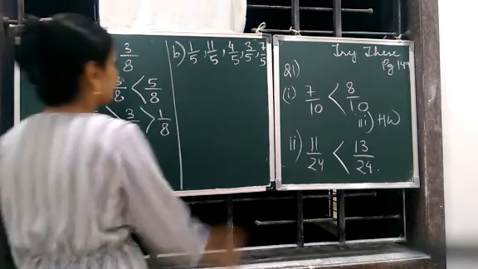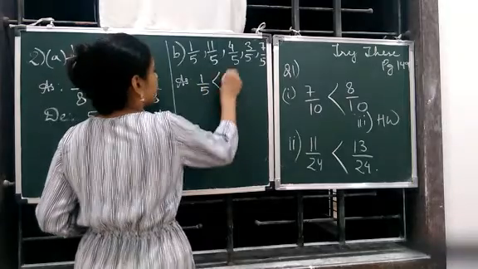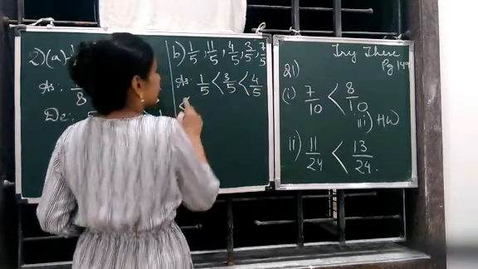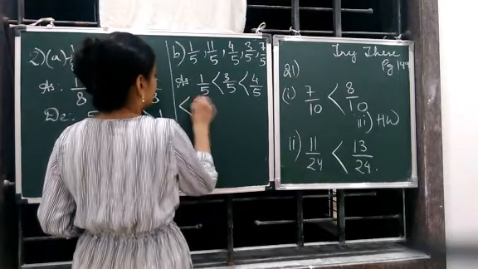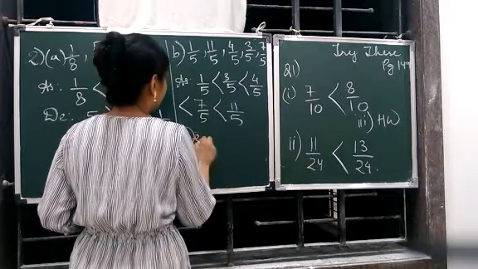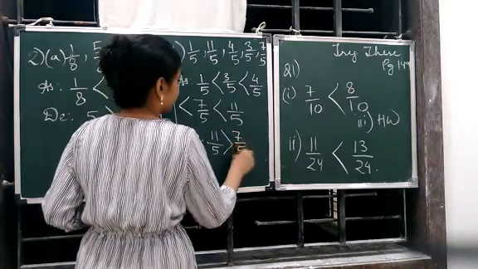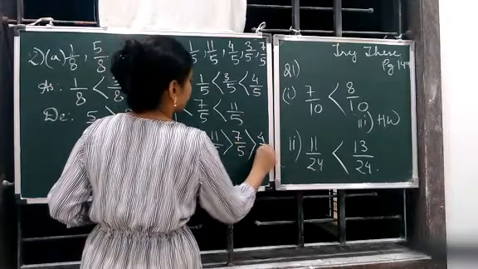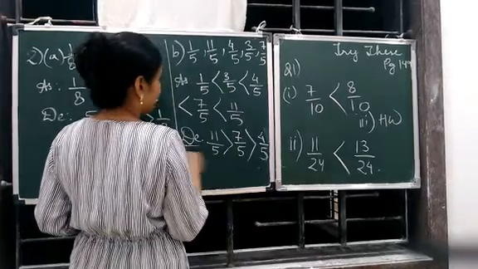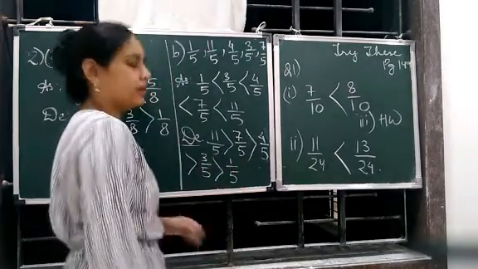So who's the smallest? 1 by 5, then 3 by 5, then 4 by 5, after 4 by 5 comes 7 by 5, then 11 by 5. Then comes the descending order, which is just the opposite. 11 by 5, 7 by 5, 4 by 5, after 4 by 5 is 3 by 5, 1 by 5.